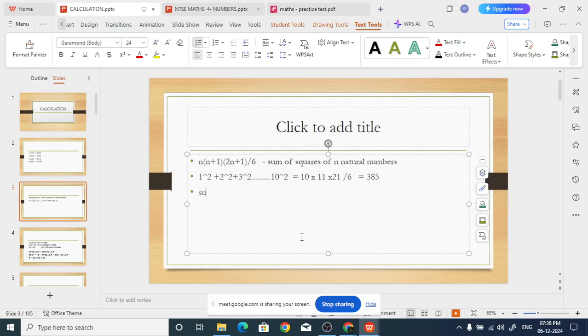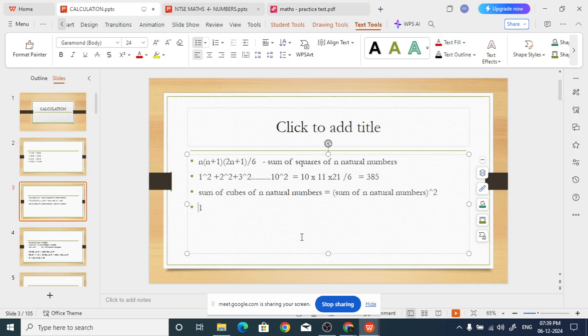Next, sum of cubes of n natural numbers. This is nothing but, you find the sum of n natural numbers first, and you square that. That's all.